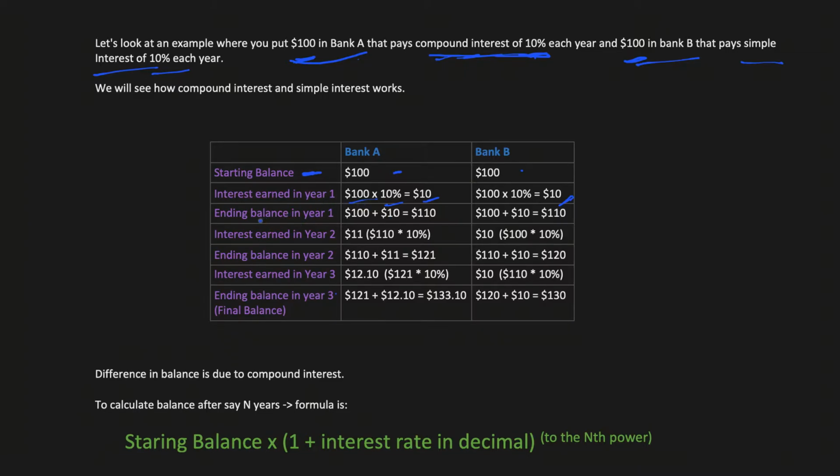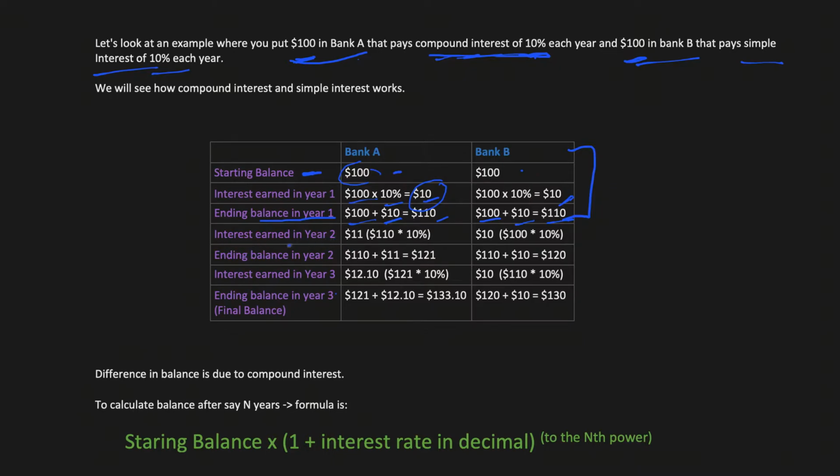The total balance that we'll have in year one would be our initial amount plus the interest earned in that year, which will be $100 plus $10, which is $110 in bank A. And in bank B, it's $100 plus $10 earned as an interest, which is $110. Now up to here, everything looks the same. So compound interest and simple interest work the same way. The difference comes from year two.